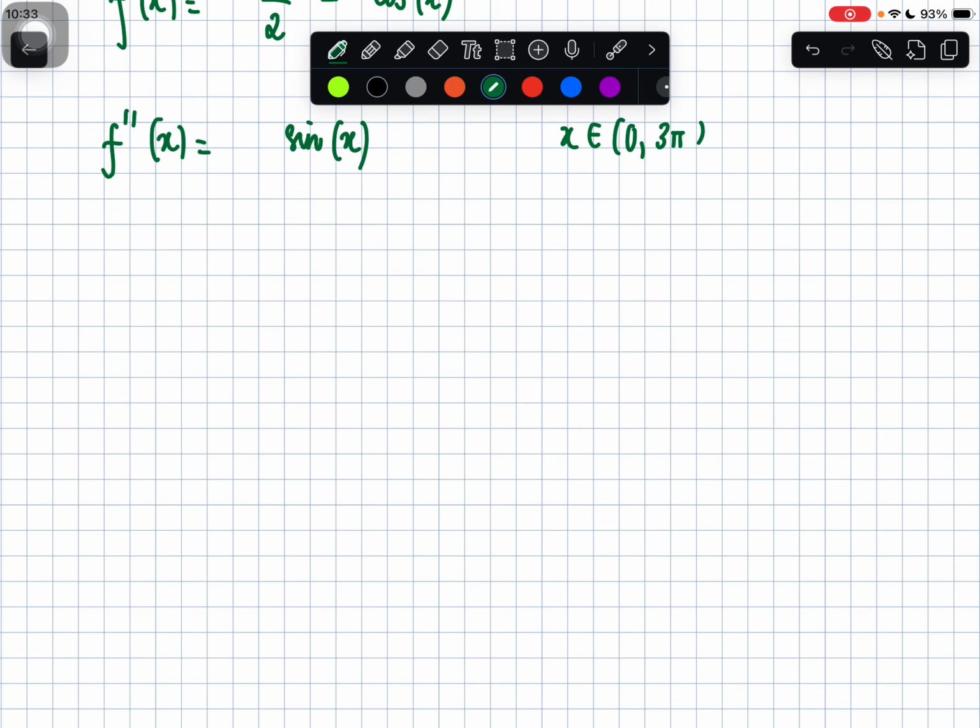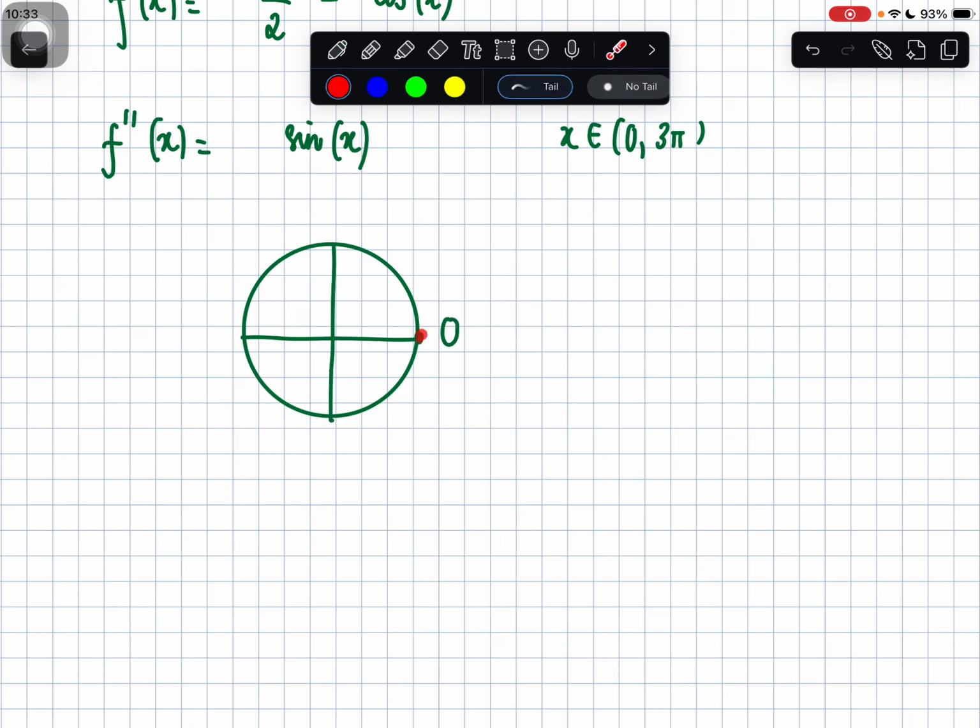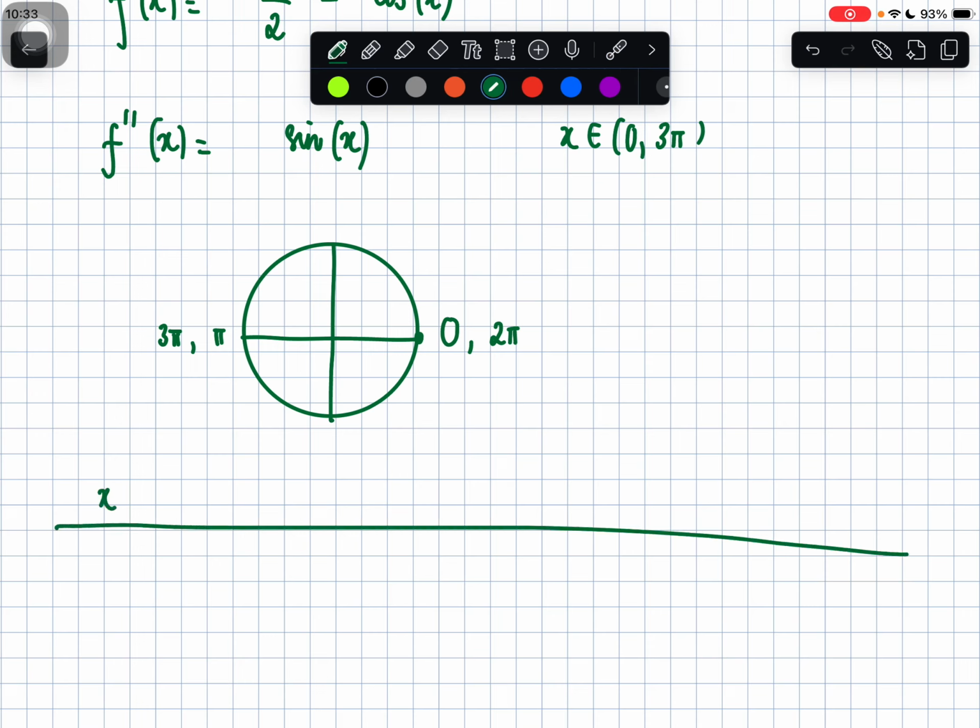Now let us look at the unit circle. 0 is here. 0, pi, 2 pi, and 3 pi. So let me draw the table.